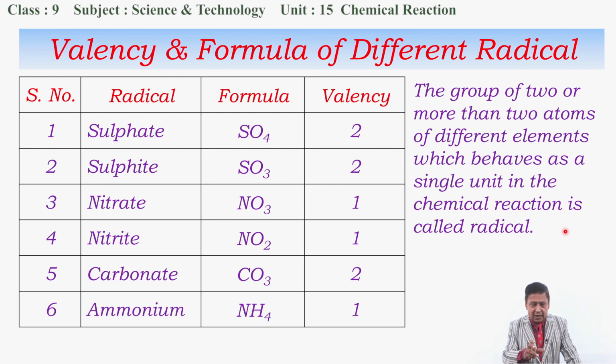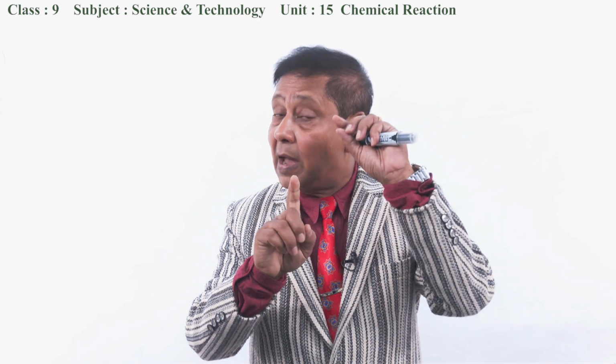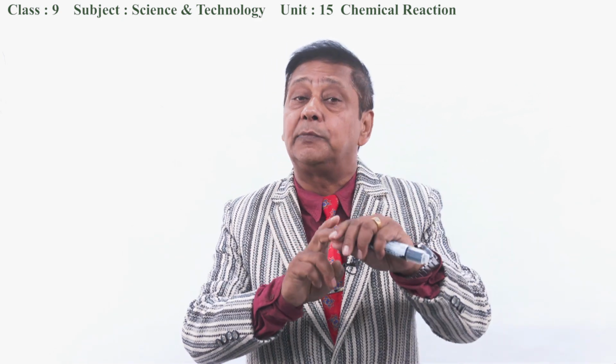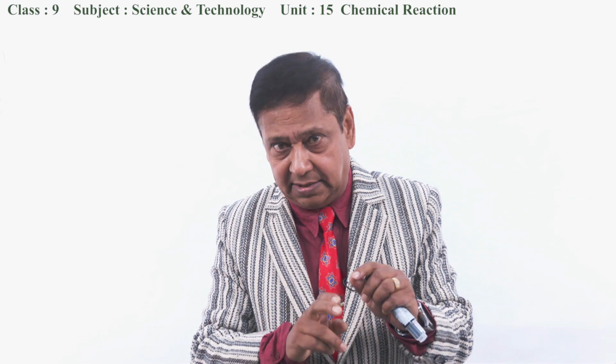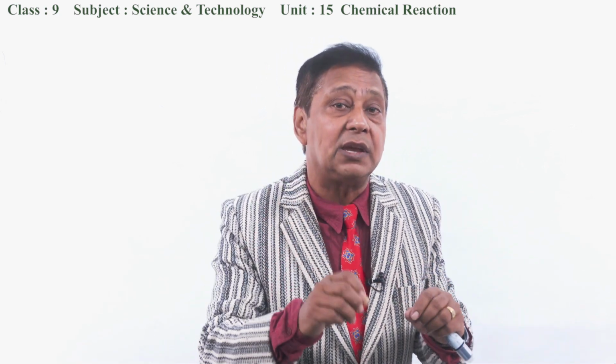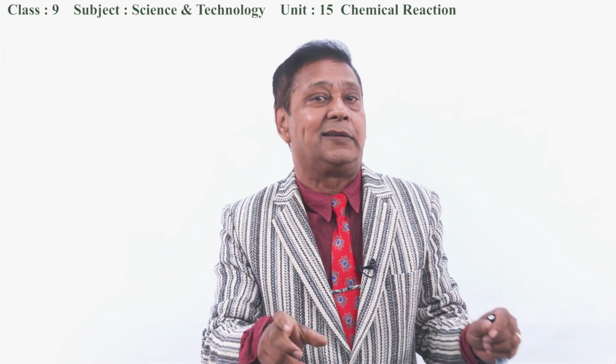I am saying this very fast because it was taught in the previous class also. You have to remember these radicals, their formulas and their valencies. Remember another matter also: elements are represented by symbols, radicals are represented by formulas, but a compound is represented by a molecular formula.